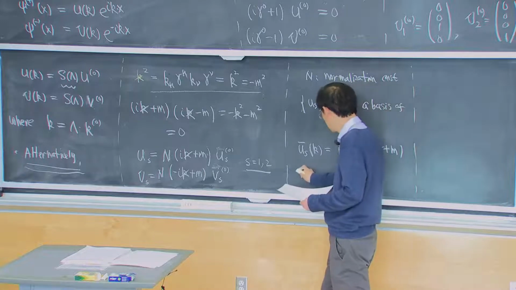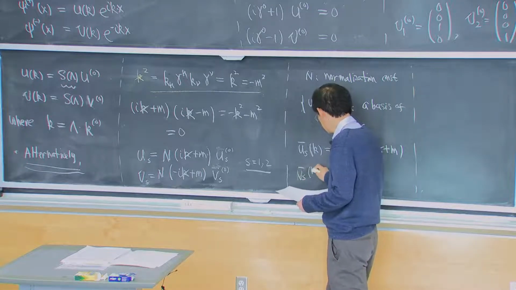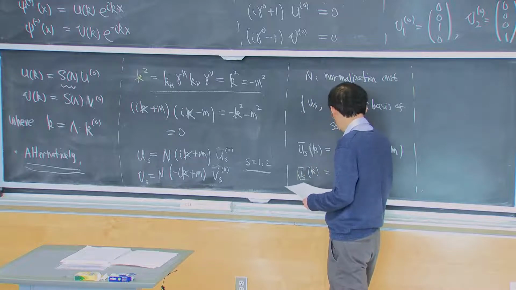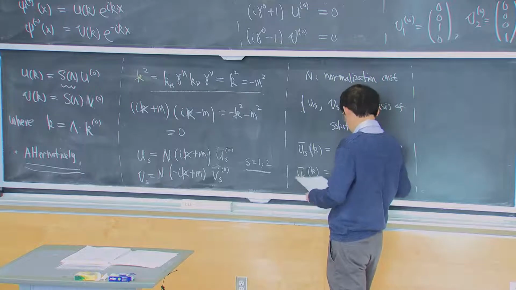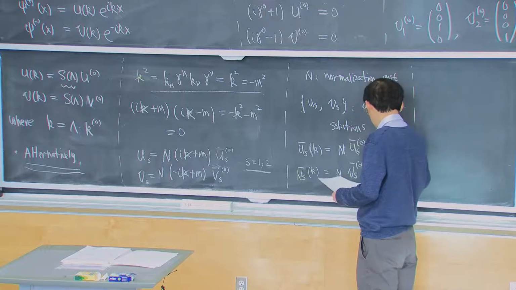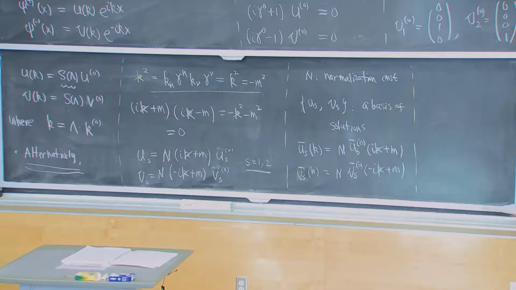So you just use the properties of the gamma matrices, and you can also find this.